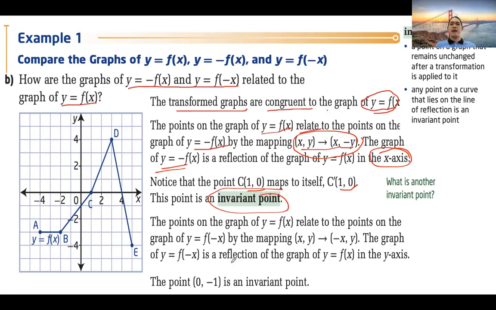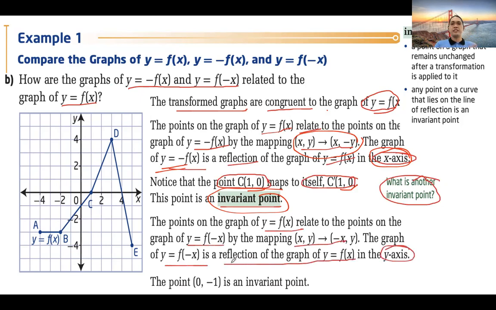So the points on the graph of y is equal to f of x relate to the points on the graph of y is equal to f of -x by the mapping. This one is the mapping notation that will represent the reflection along the y-axis.